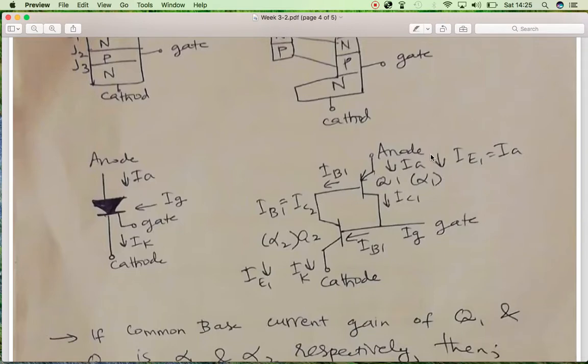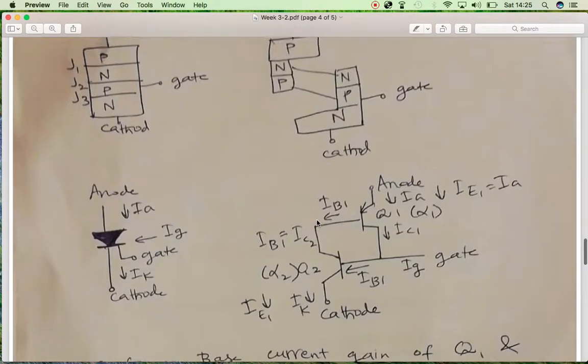This is the anode, so the anode current is equal to the emitter current, and IB1 is equal to IG plus IC1. IE2 is equal to IK, and IB2 is equal to IC1 plus IG, because this is IB2, this is IE2, and this is the arrow. The base current of the first transistor is equal to the collector current of the second transistor, which is IC2.